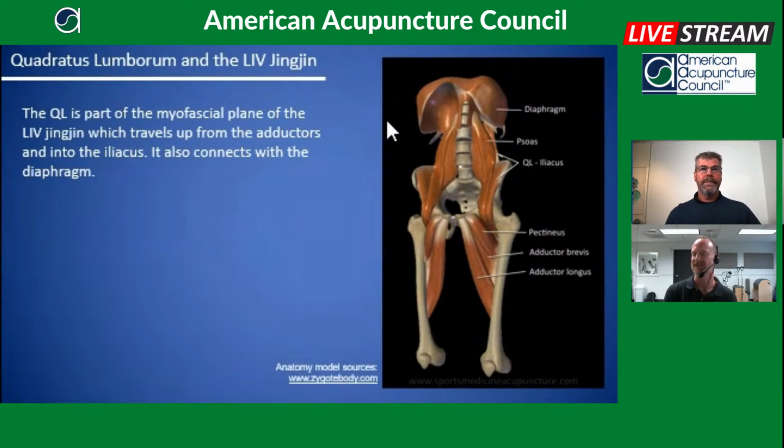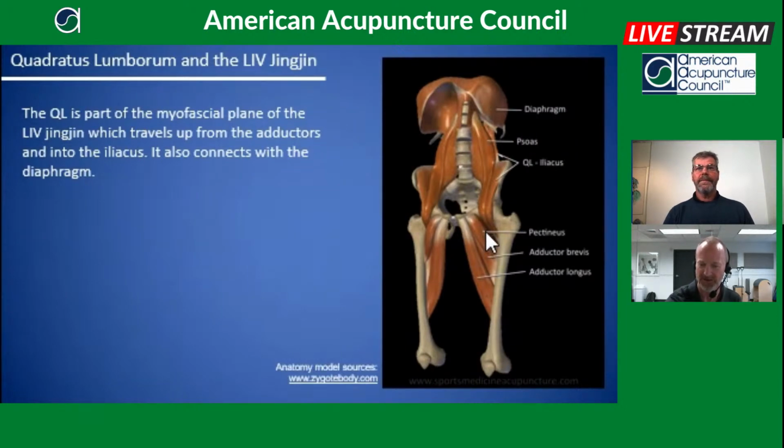But for today, just looking at the myofascial plane that makes up the liver sinew channel is quite interesting, because this one diverges a little from the classical description. The classical description has the liver sinew channel terminating at the groin, at the genitals, I think specifically. But if you look at the myofascial plane, it has a much more interesting relationship: the line coming up from the foot through the medial thigh, through the adductors, adductor longus, brevis, pectineus, gracilis.